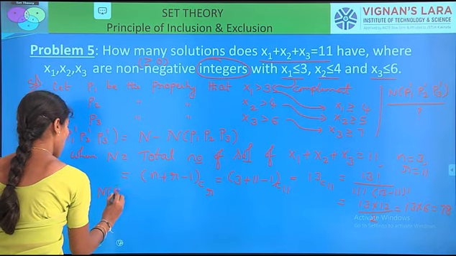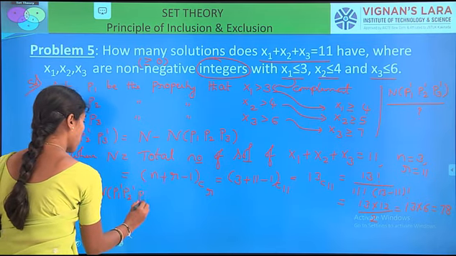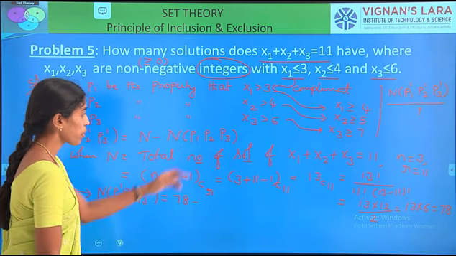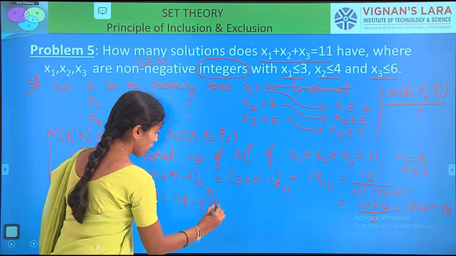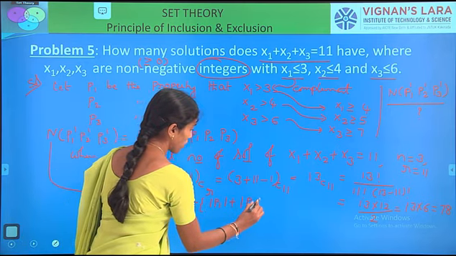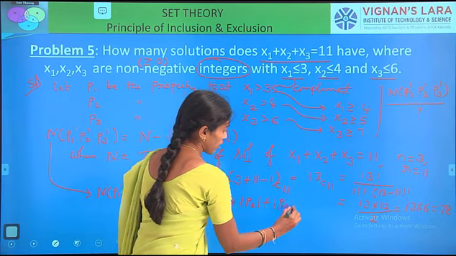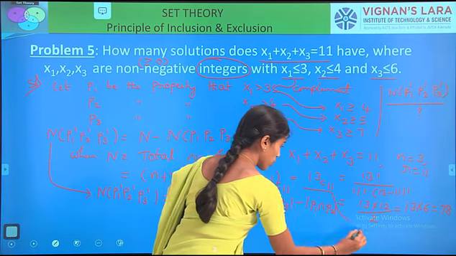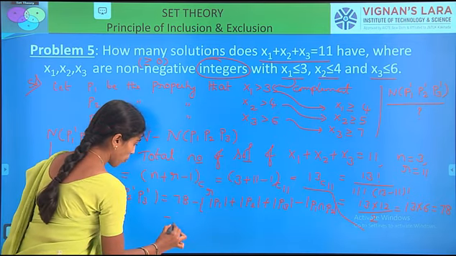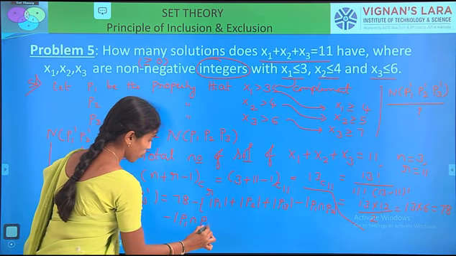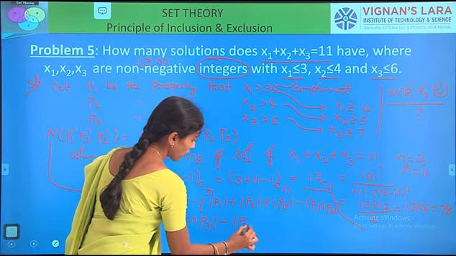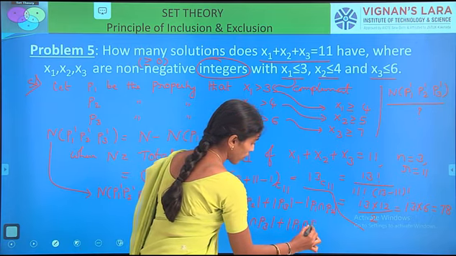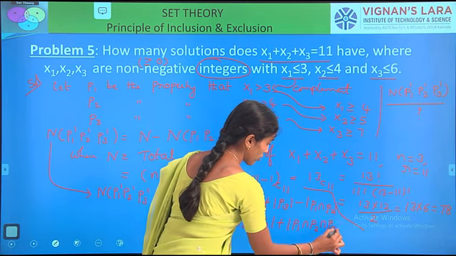Now continue. N of P1 complement, P2 complement, P3 complement is equal to 78 minus n of P1, P2, P3, which is the cardinality of P1 plus cardinality of P2 plus cardinality of P3 minus P1 intersection P2 minus P1 intersection P3 minus cardinality of P2 intersection P3 plus cardinality of P1 intersection P2 intersection P3.